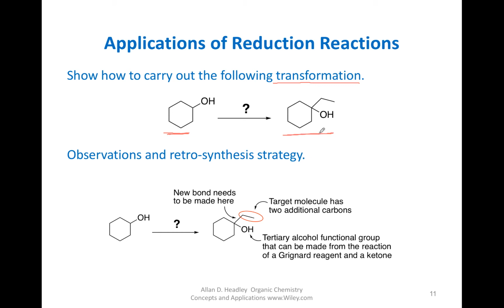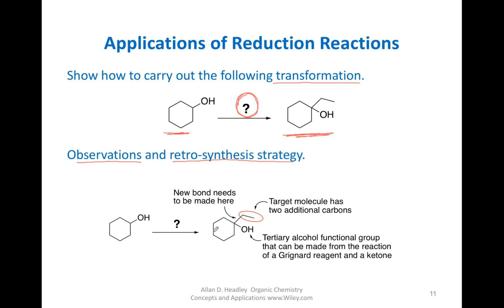So when you're done, how do you make this target molecule from this molecule, supplying appropriate reagents and reaction types? As I pointed out, you will have to carry out observations and a process called retrosynthesis, or working backwards.